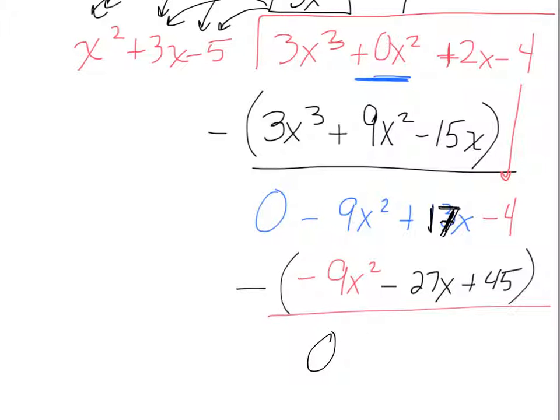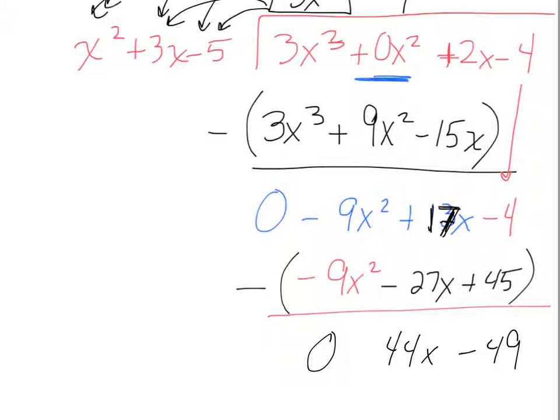I changed it to 17, don't forget, because I made the mistake earlier. So 44x in that case. And then negative 4 minus 45 is negative 49.